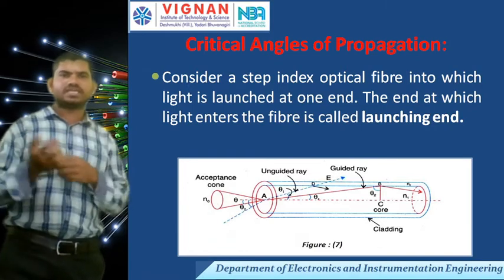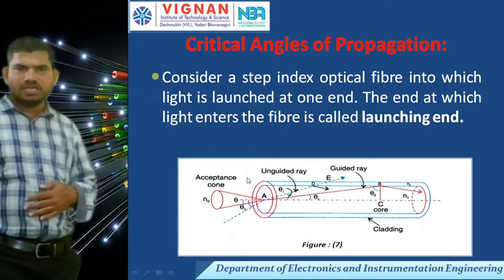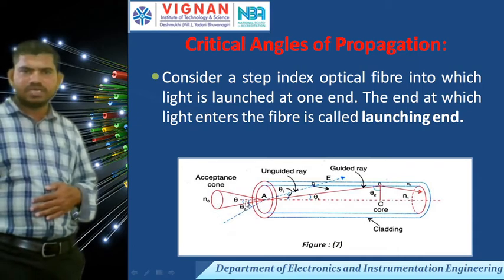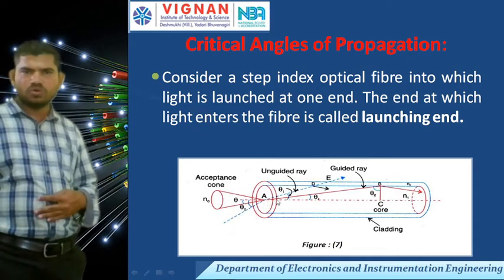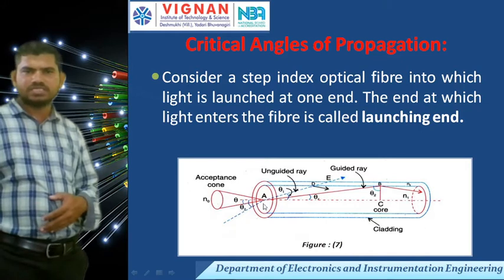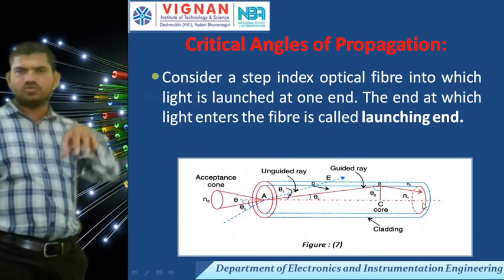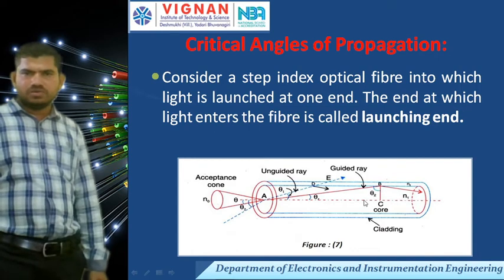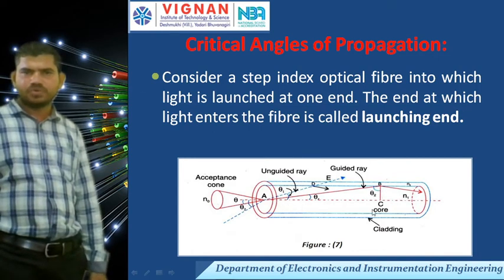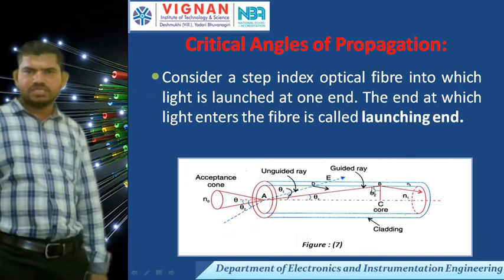Next, critical angle. Now I am going to discuss what the critical angle is. Here I am passing a light ray into the core. When it enters with an angle theta, it goes within the core, and after total internal reflection it comes back into the core itself. This is the core and this is the cladding.